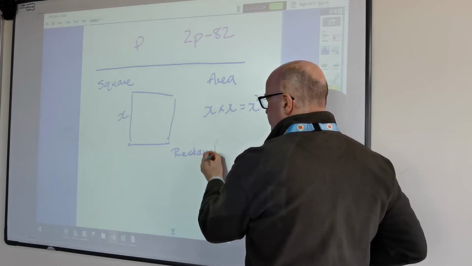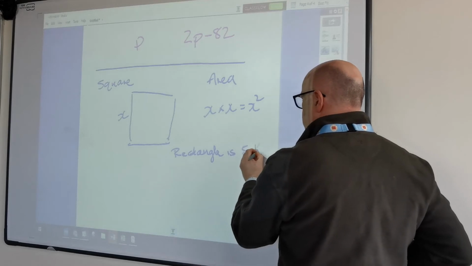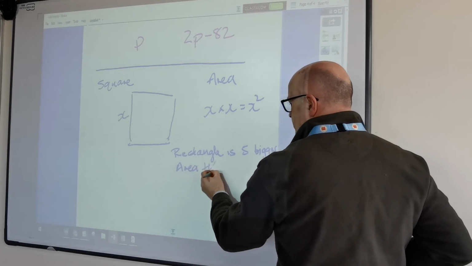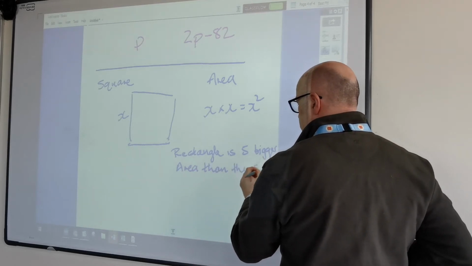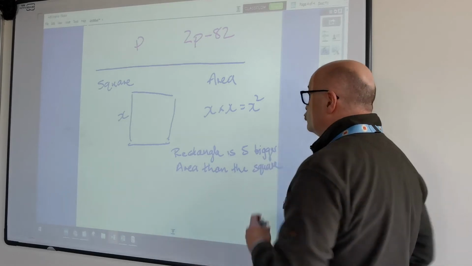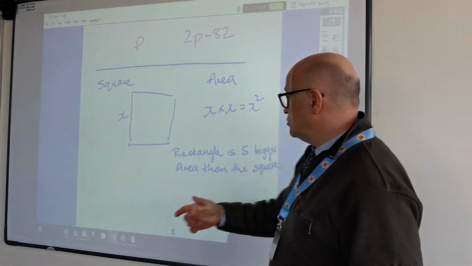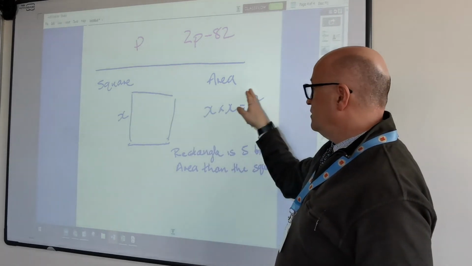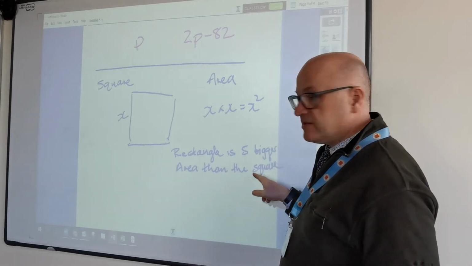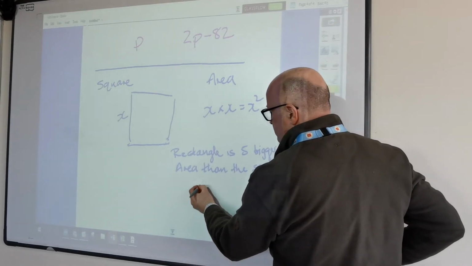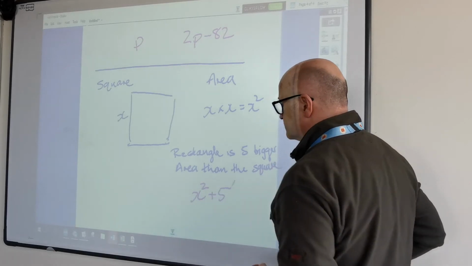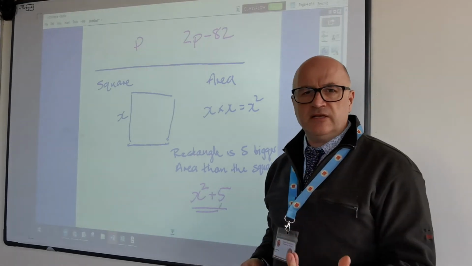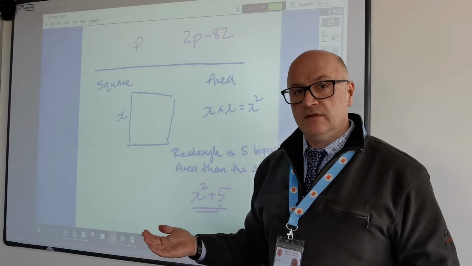The rectangle is 5 bigger than the square. Again, you don't know what the area of the square is, but you do know that its area is x squared, and the rectangle is 5 bigger than the area of the square, so I know that that's x squared, add on another 5. So these questions take you to read and to take a leap of faith, say, I don't know what that is yet.